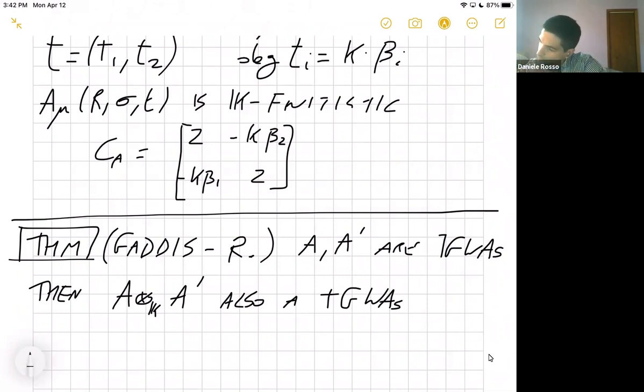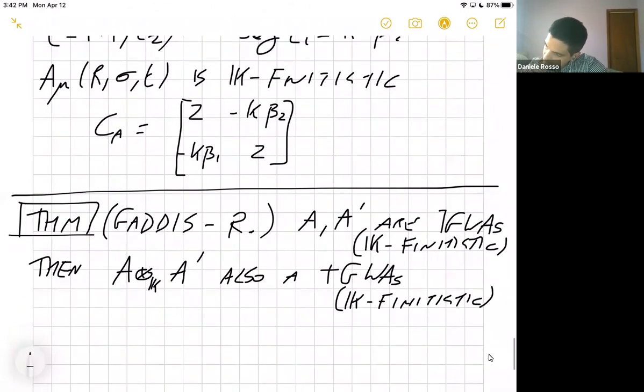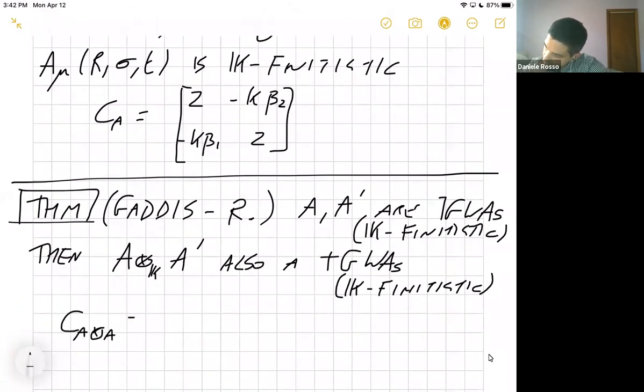And the same applies if you add the condition of K-finitistic: if these are K-finitistic, this also is K-finitistic. And the Cartan matrix for the tensor product is just the block diagonal Cartan matrix of the other two.